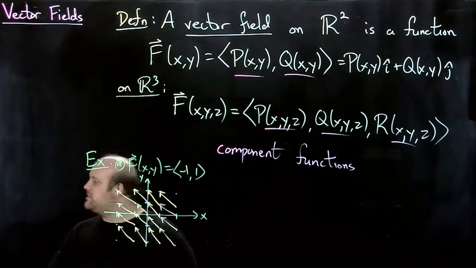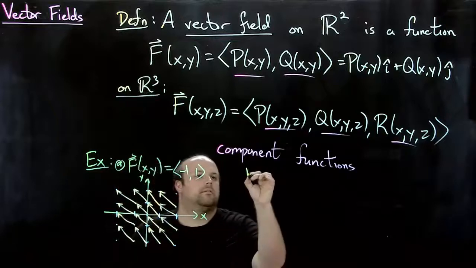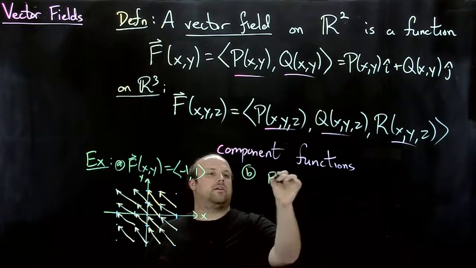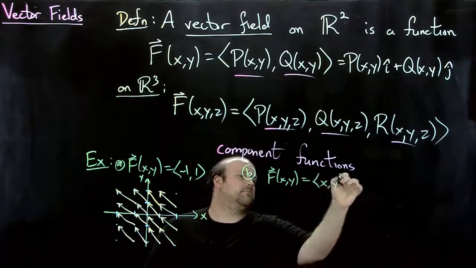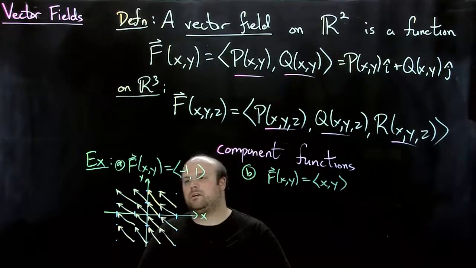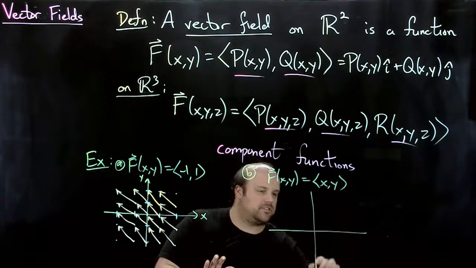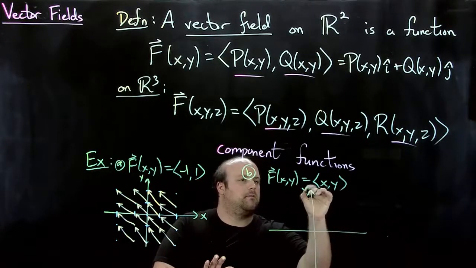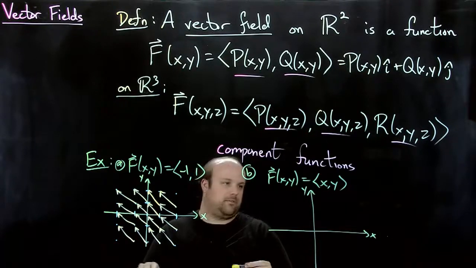Let's do an example that's a little more sophisticated. Say f of x, y equals x, y. There's variables in there now. Right? So how do we graph this? Well, it's the same first principle. Right? We're just going to draw some vectors at every point.